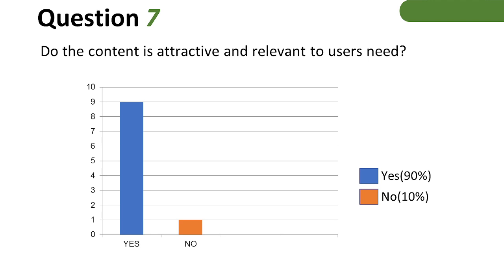And the next question was, is the content attractive and relevant to users' needs? 90% of my audience said that the content is attractive and relevant to users' needs. Only 10% said that the content is not attractive and relevant.